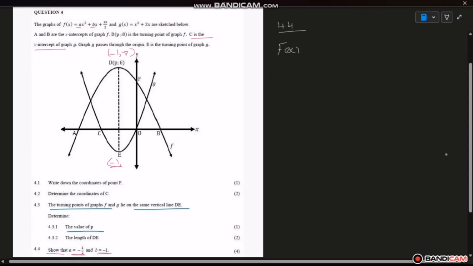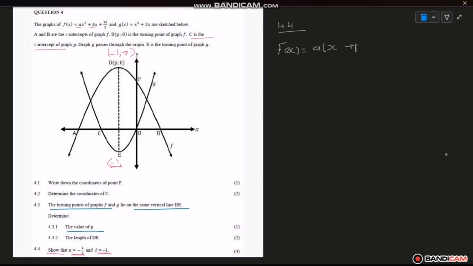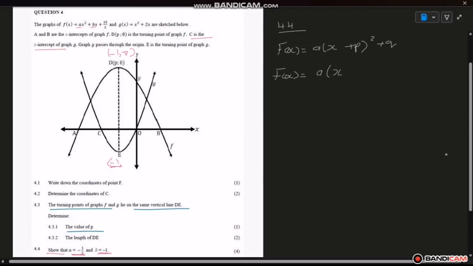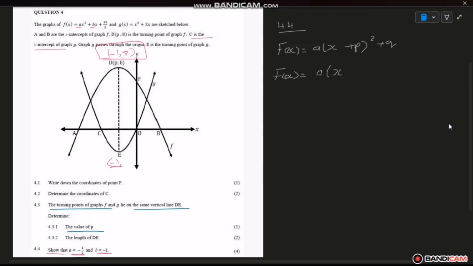Therefore, we know that if we write this parabola in this form, p and q are the coordinates of D, the coordinates of the turning point, right? Therefore, since it is negative 1, when it comes back to the formula, it will become positive 1. Remember, it will be positive 1.